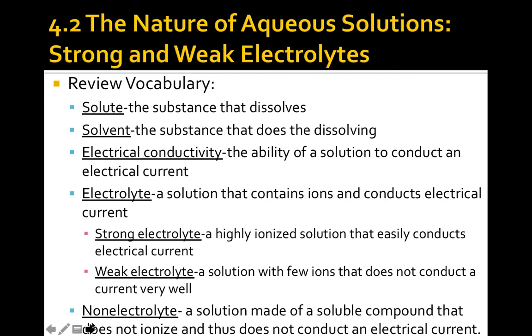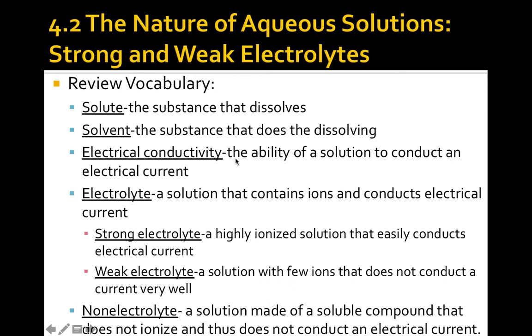All right, and then 4.2, I'm just really going to get into the vocabulary. Tomorrow we are going to do a demonstration, and then we'll go forward into some more of the stuff that we didn't really talk about last year. But I want to make sure that you see this vocabulary and you're beginning to become familiar with it.